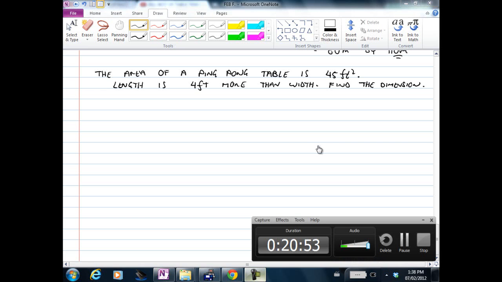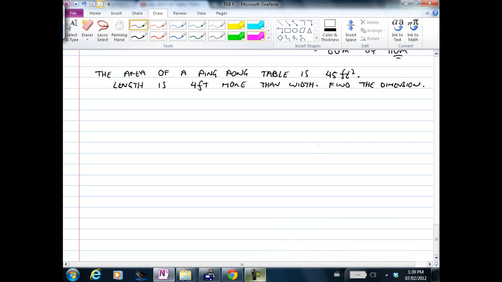Guys, gals, I'm going to pause it and let you have some time. All we're going to do is just set this up. It says the area of the ping pong table is 45 square feet. Length is 4 more, so this is x, and this is going to be x plus 4.